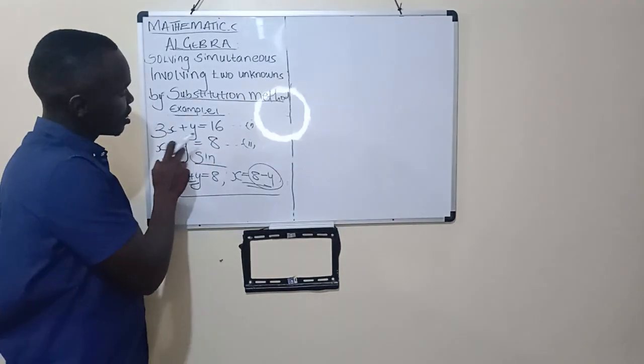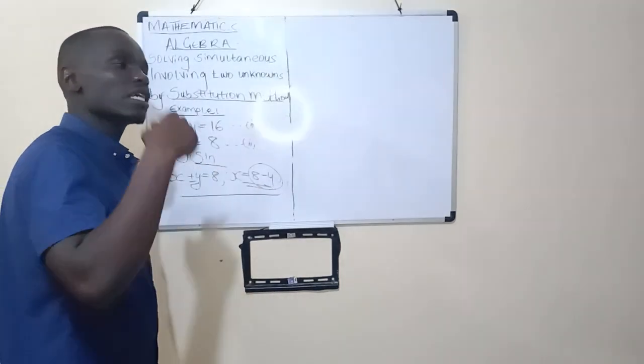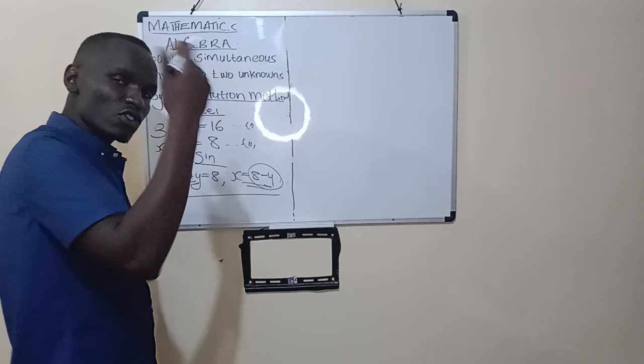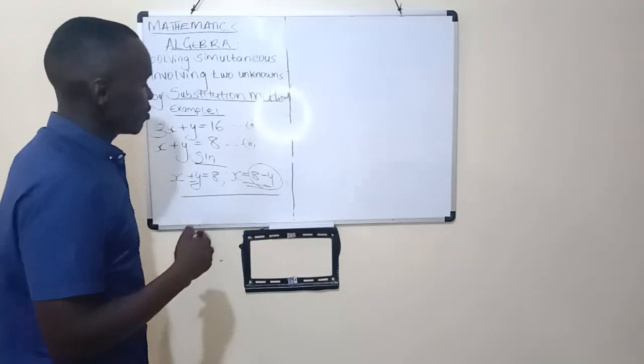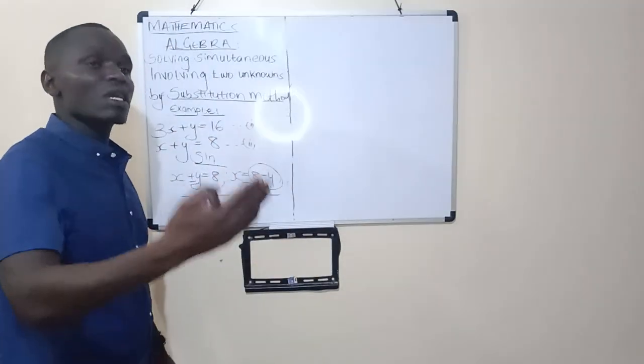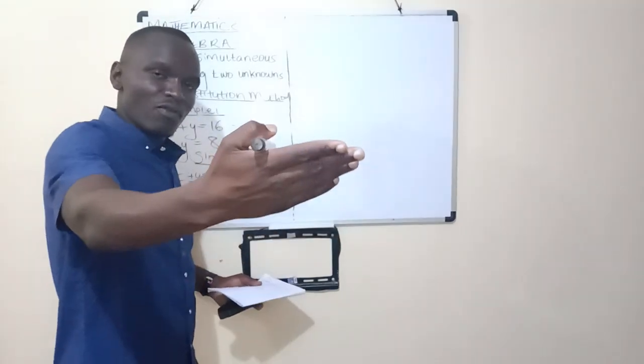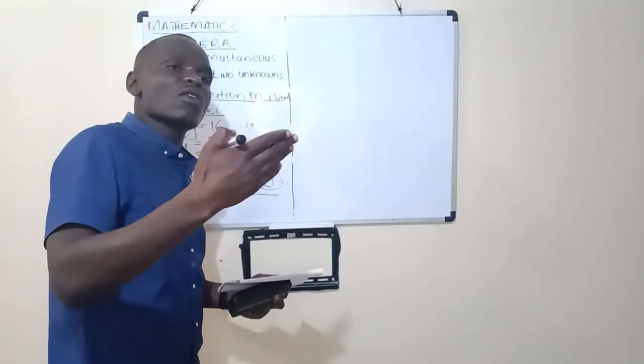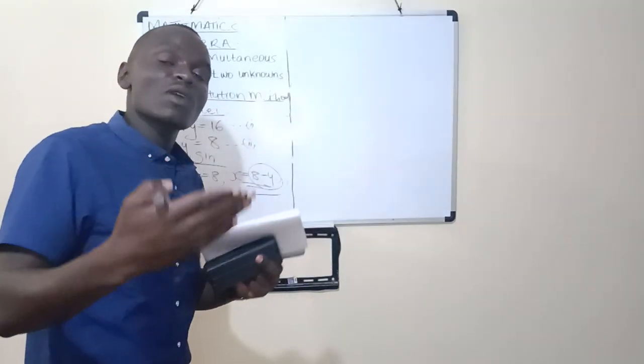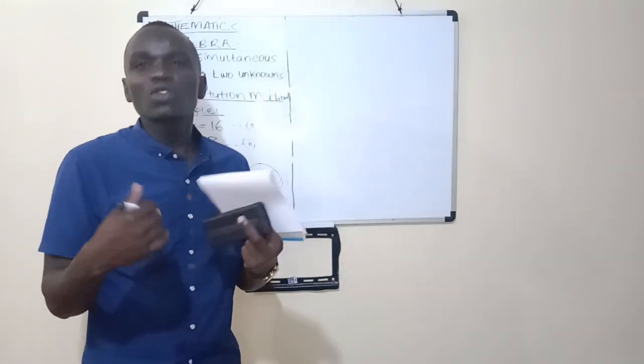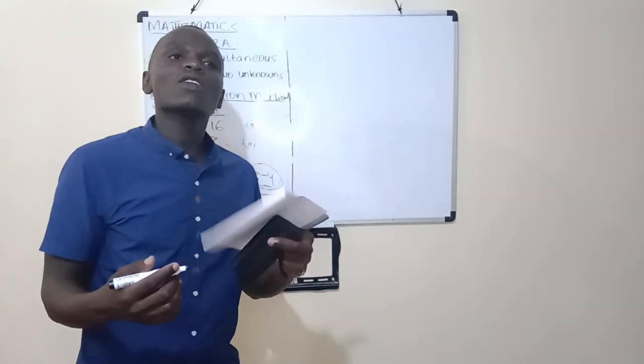Remember, we chose the simplest one so that we can substitute to the other one that seems quite difficult. Why do we substitute? So that we can have like terms from one side. Then, having like terms from one side, we are able to solve, we are able to simplify, we are able to find the value of the other.